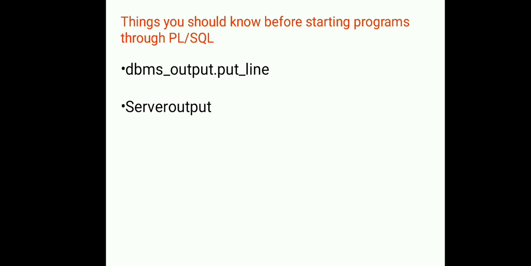The output you create using put line is buffered, and you cannot retrieve it until the PLSQL unit from which it was buffered returns to its caller. Getting it? So basically this whole line will give you output on this screen through the buffer.